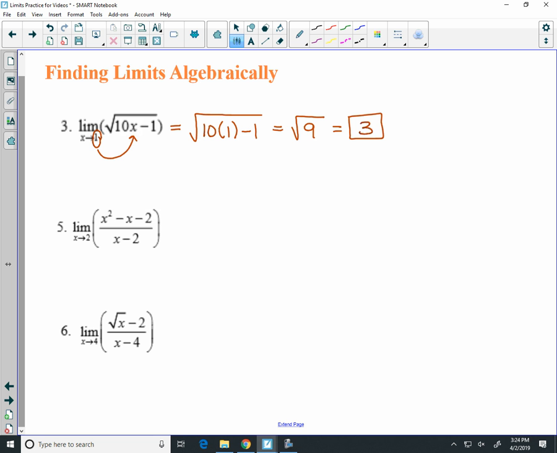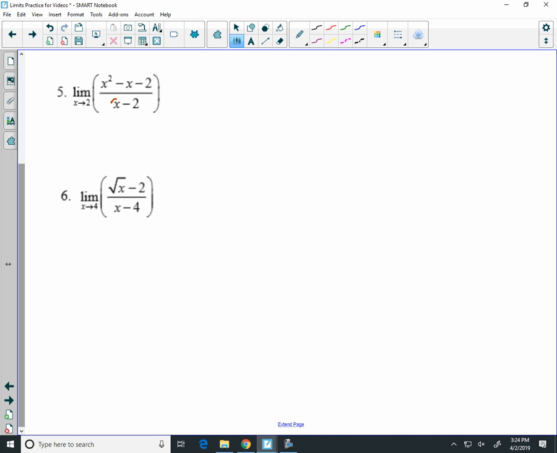Number 5 is where you're going to have to start doing some work. Because if we take this 2 and we plug it in here, now we get 2 minus 2 is 0 in our denominator. And we're not going to be able to find the limit that way. So I'm going to keep my limit notation going, and I'm going to try to factor my way out of this. So in my numerator, I need two numbers that multiply to negative 2 and add to negative 1.